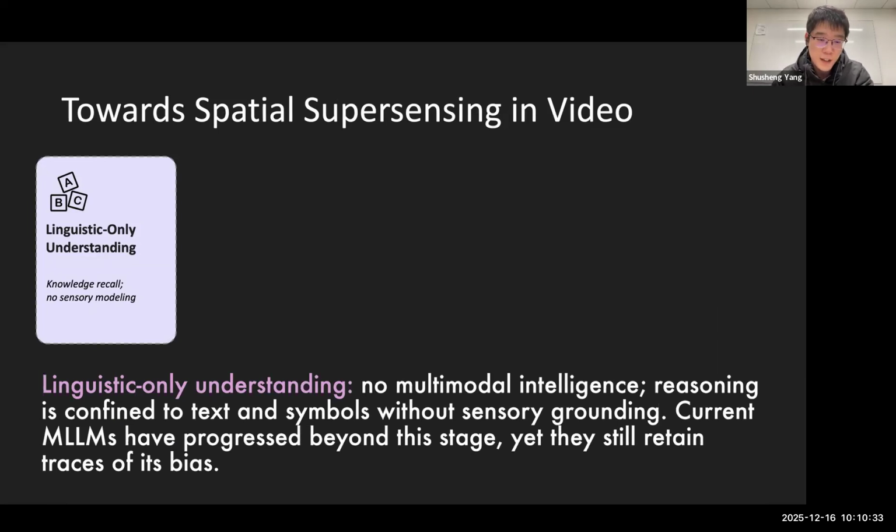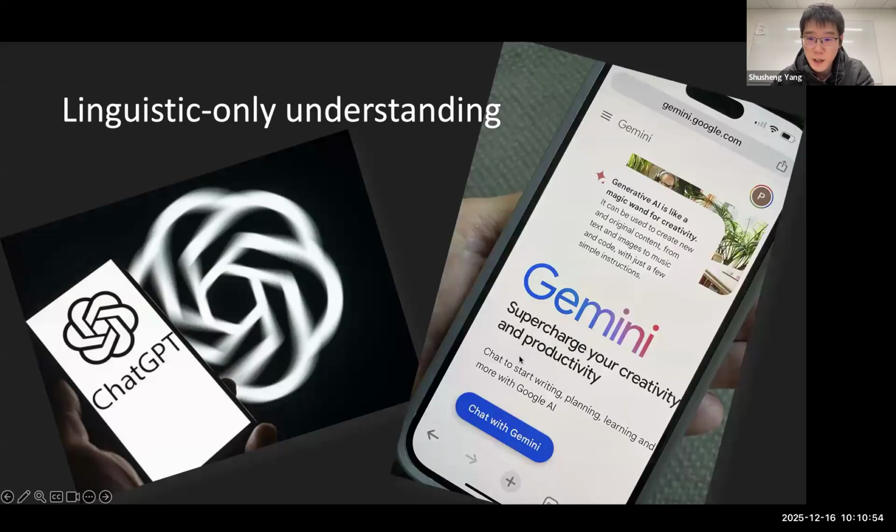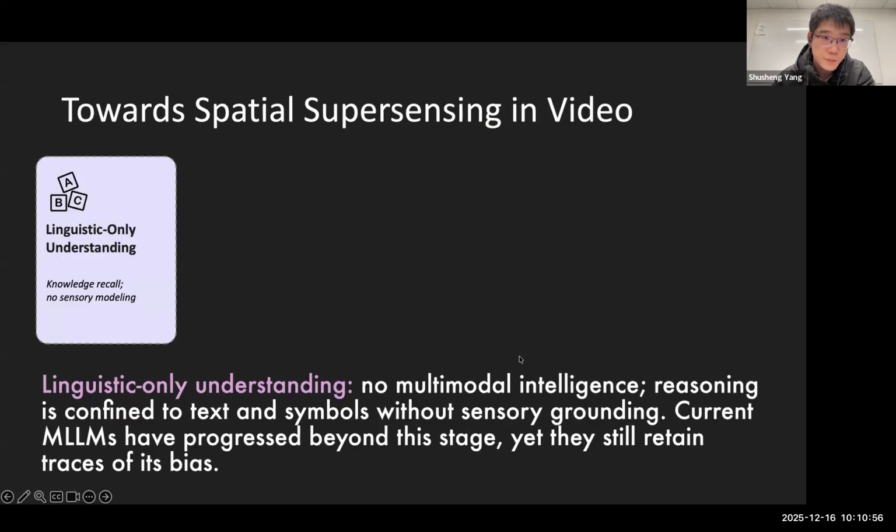Its reasoning is confined to text and symbols without sensory grounding. Current multimodal language models have already progressed beyond this stage. Here are some examples of linguistic-only understanding, like ChatGPT or the Gemini chatbot.